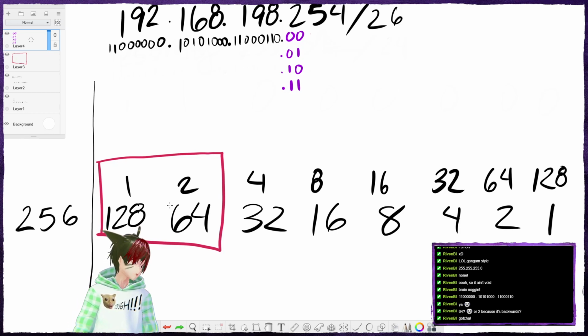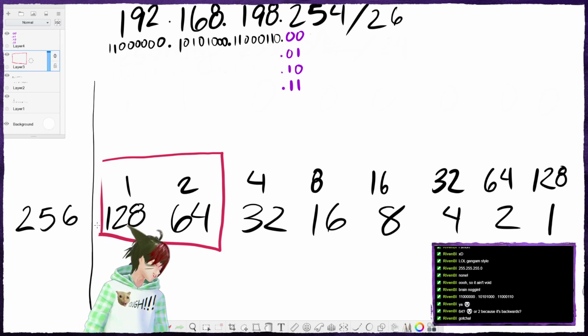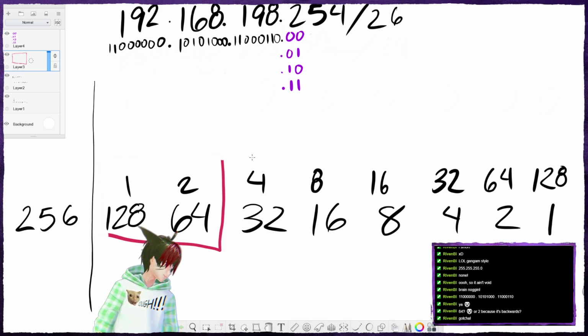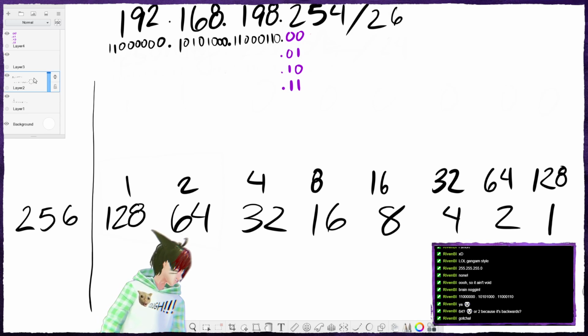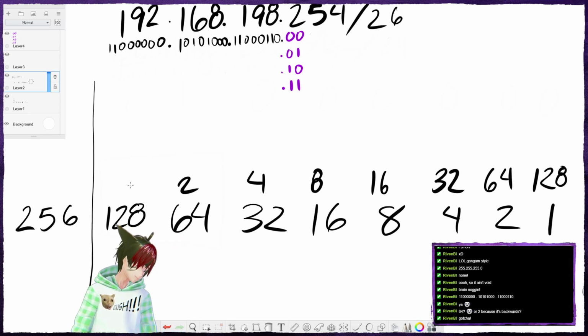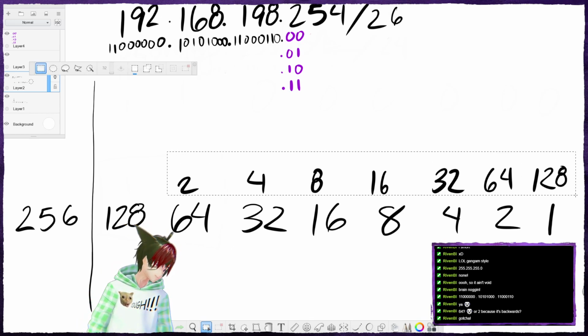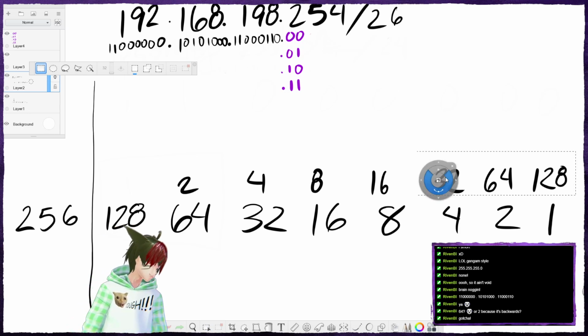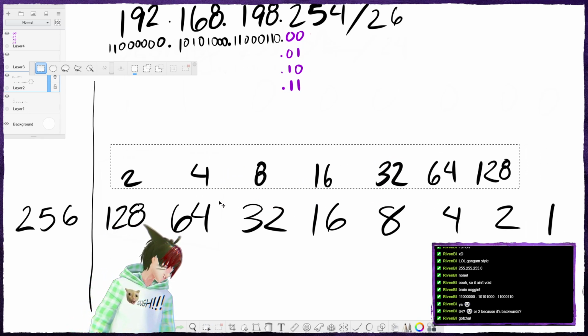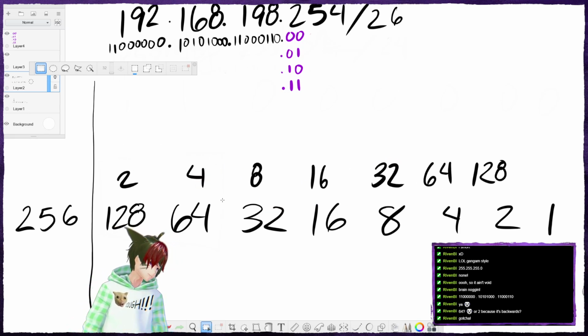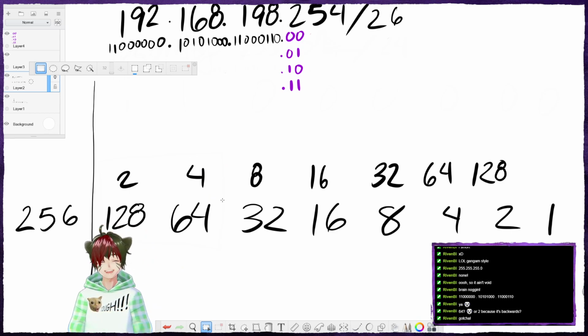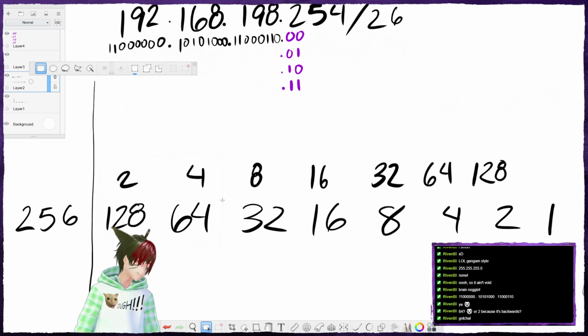More accurately, it's like this. That should make sense.